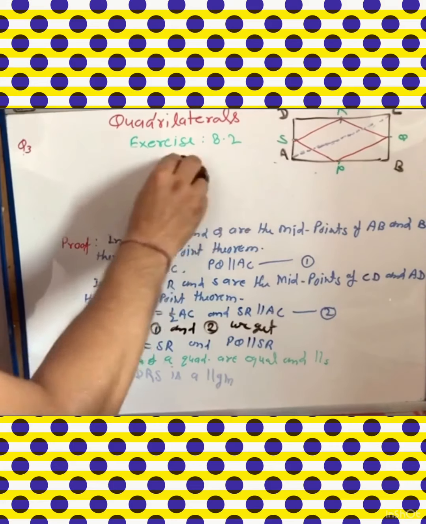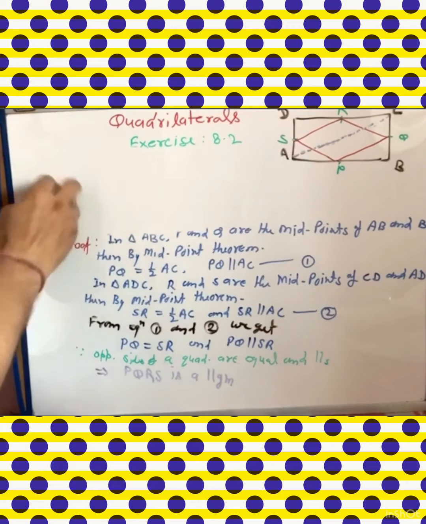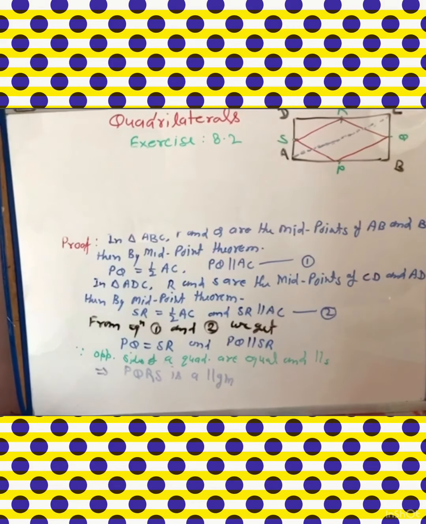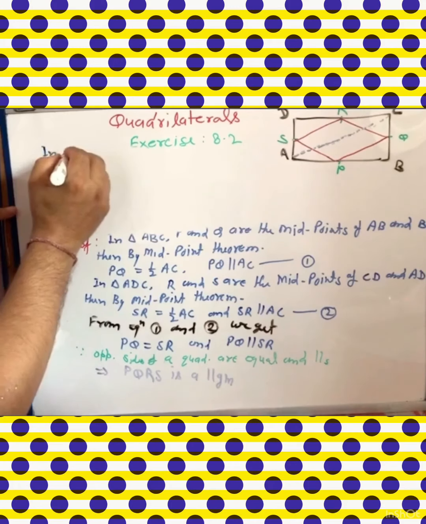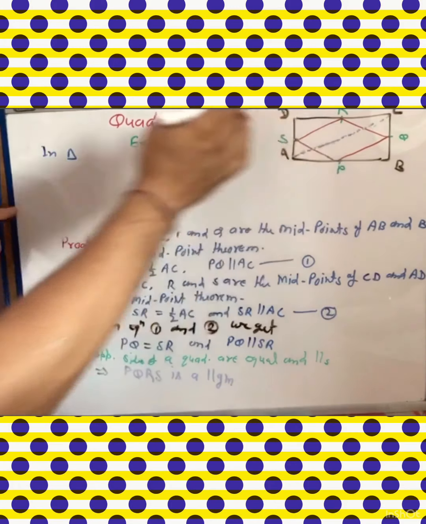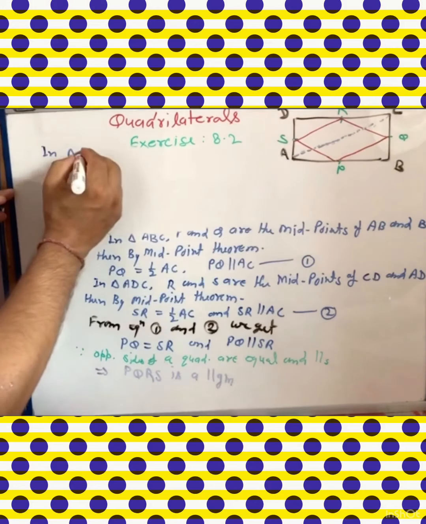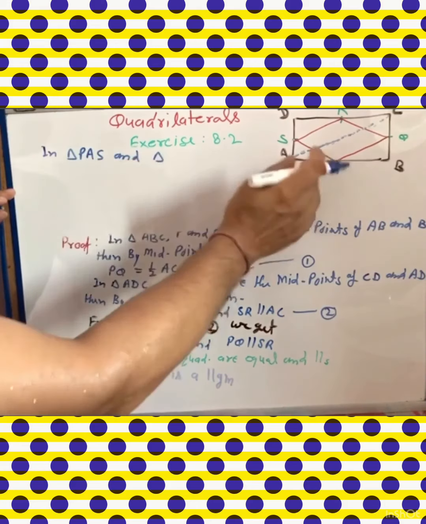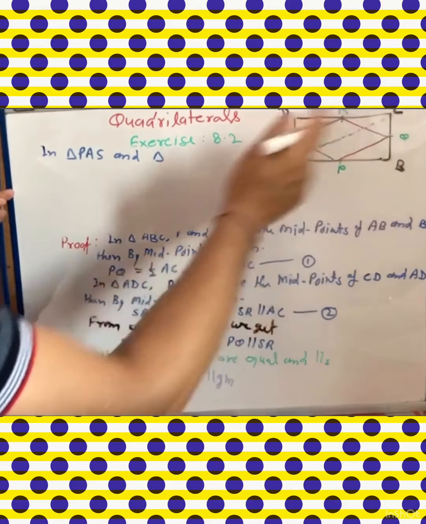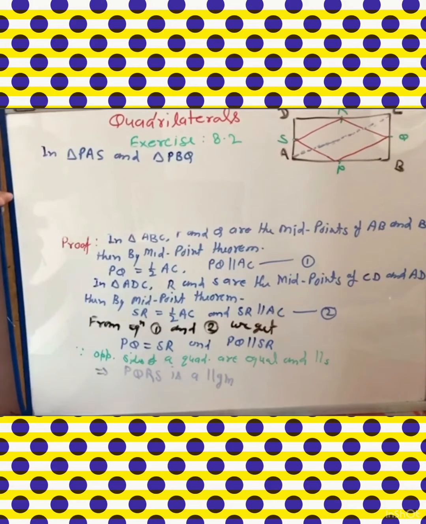So dear, for proving this result, you can say that in triangle APS, you can also say PAS, and triangle PBQ, okay.